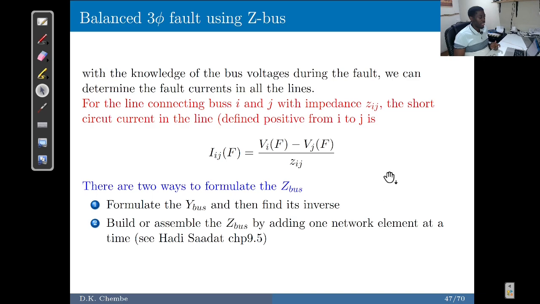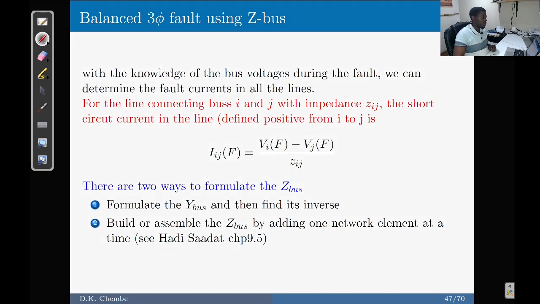So for a line connecting bus I and J with impedance Zij, the short circuit current can be determined from this equation, where the fault current Iij will be equal to VIF minus VJF over the impedance Zij.